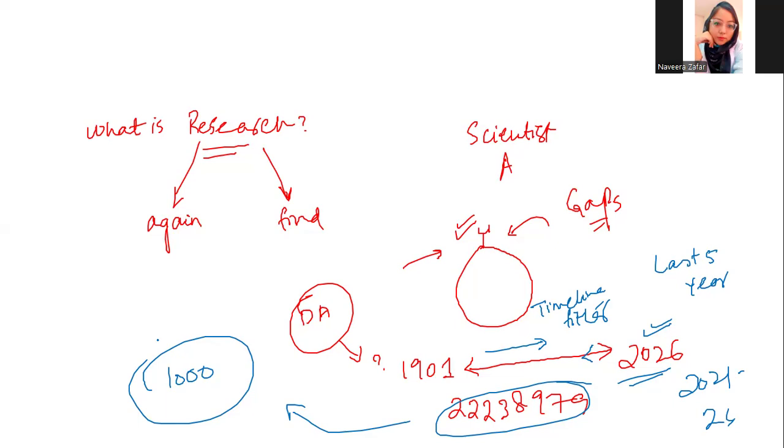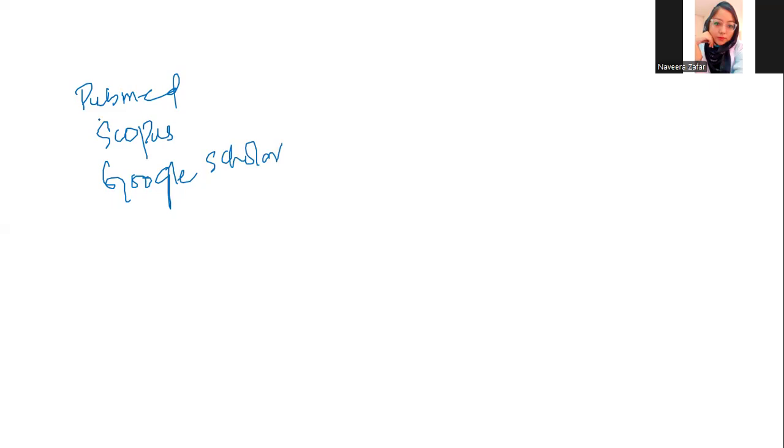So how are we going to find all of these things? We have some tools or databases such as PubMed, Scopus, Google Scholar, and NCBI, and so on.